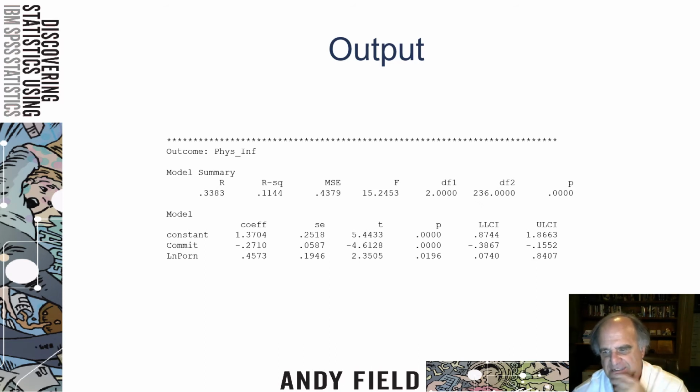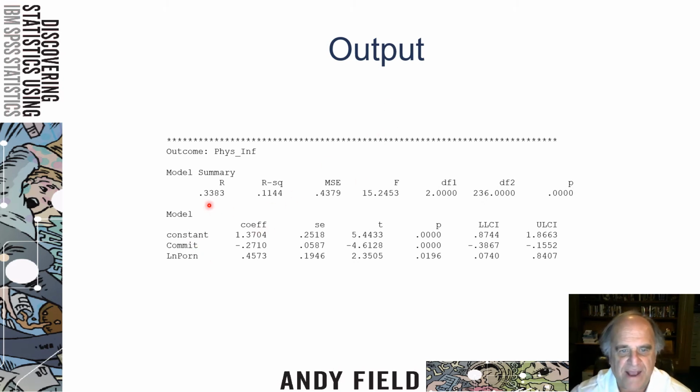This, in a sense, is giving us a type of B path and a type of C prime path, because we're getting, of course, the influence of this variable on the dependent variable after you've controlled or held constant the other variable, right? I mean, that's, again, just simple regression.